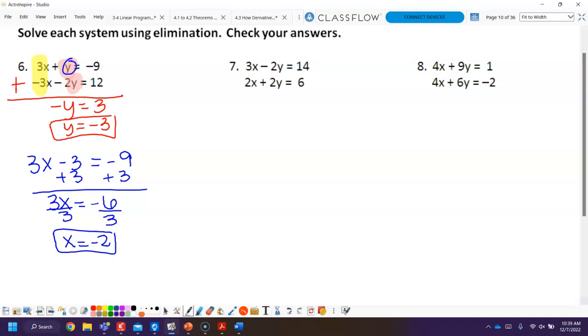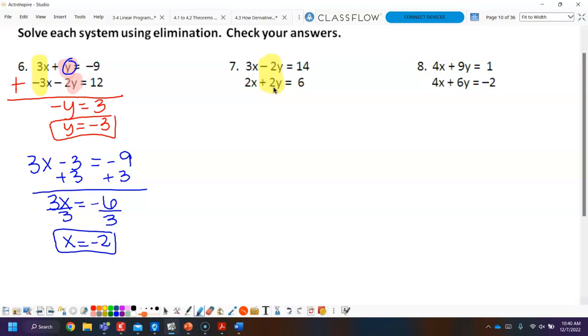Number 7. Do I have 2 terms that are additive inverses of each other? So meaning that if I add them together, one goes away. So if I add 3 and 2, do they go away? If I add negative 2 and positive 2y, does it go away? Yeah. So the y's are my additive inverse this time.